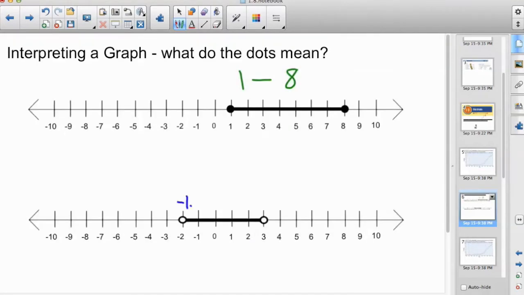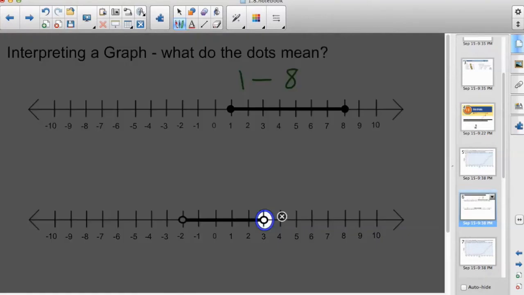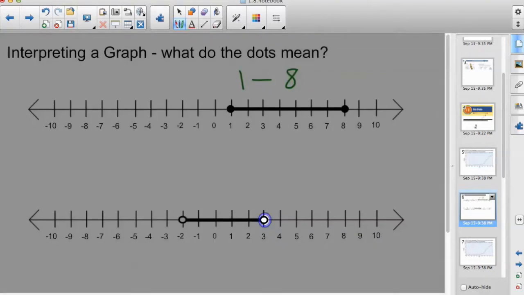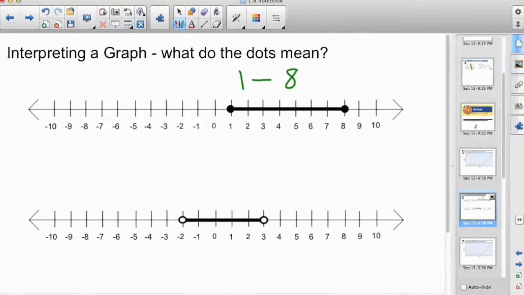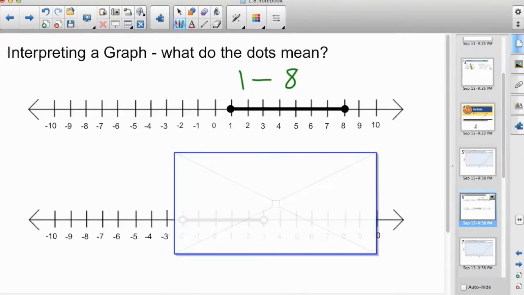So for instance, -1 and 99 hundredths is very close to -2, but it does not include it. Similarly, over here, we're saying we're looking at all of the values up to 3, but not including 3. So we might be looking at 3 and 9/10, right?